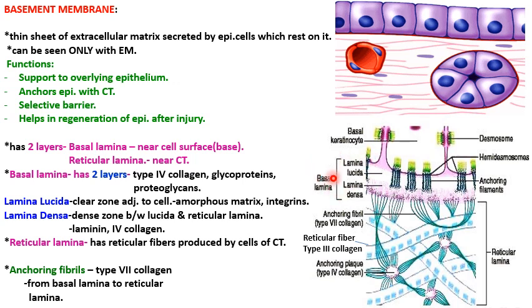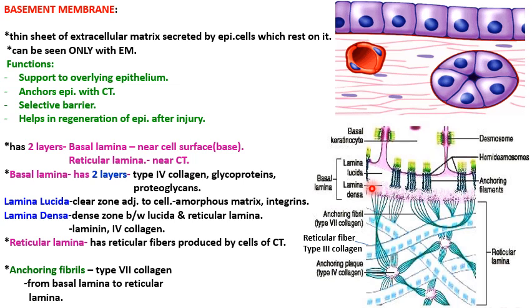The basal lamina is further divided into lamina lucida and lamina densa. The lamina lucida is a clear zone adjacent to the cell surface. It is mostly made up of amorphous matrix, and the glycoproteins, which are integrins, are present.